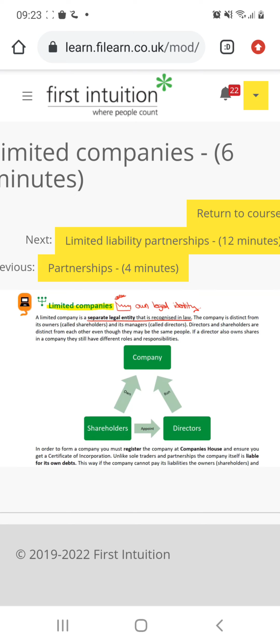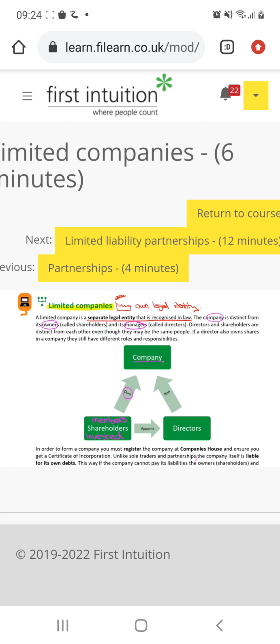Now, what do we mean by that? We mean that the company is distinct from its owners and its managers. Here in our diagram, we have our shareholders, our members, and what they've done is invest their own cash in return for shares, and therefore they own an equity stake in our company.